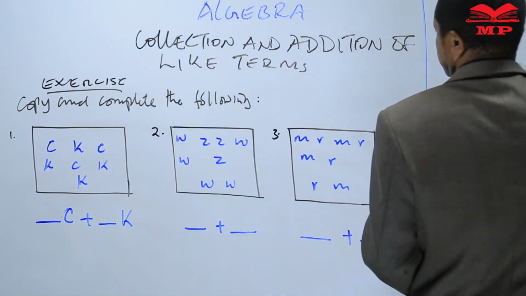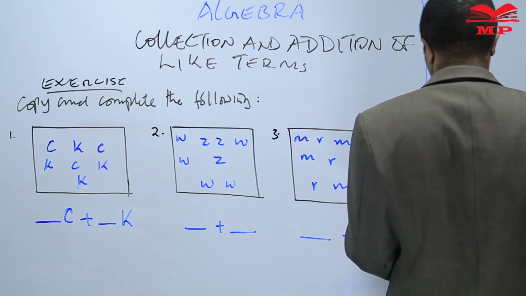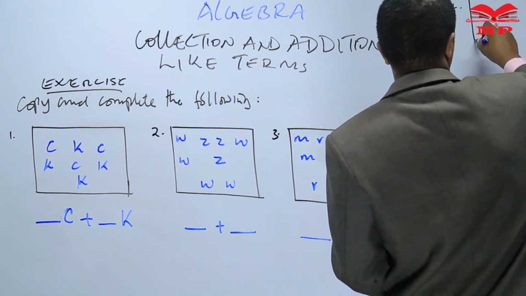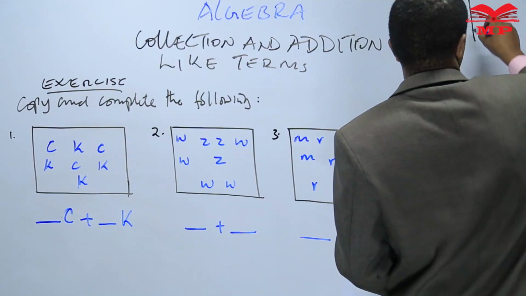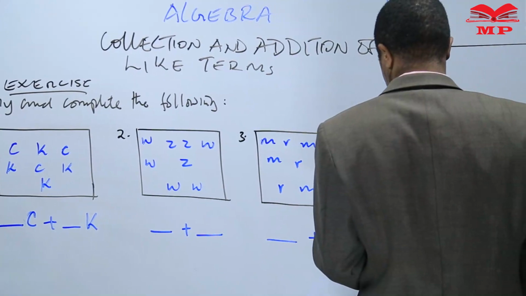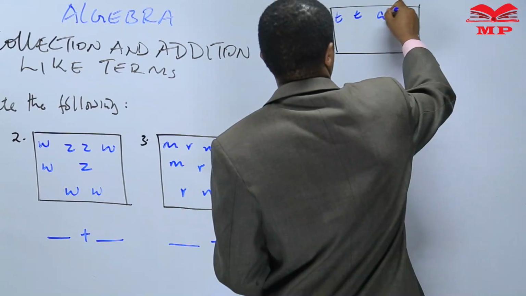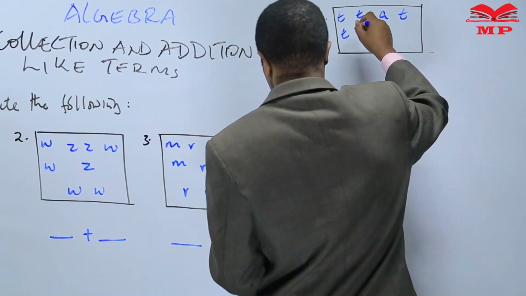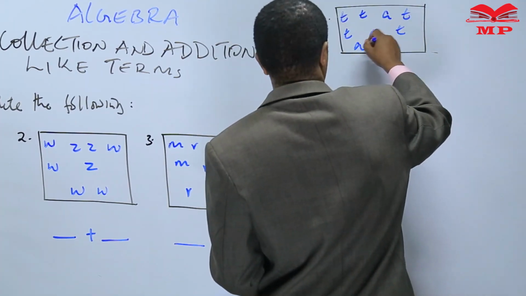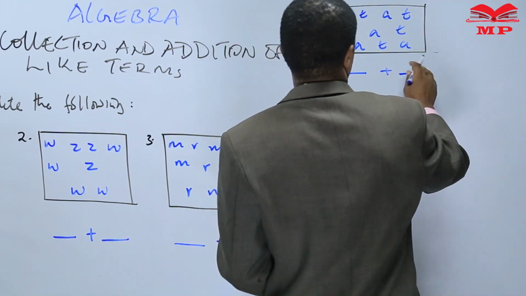Learners, exercise number 4. Have another box. Number 4. T, T, A, T, T, A, T, A, T, A. Dash plus dash.